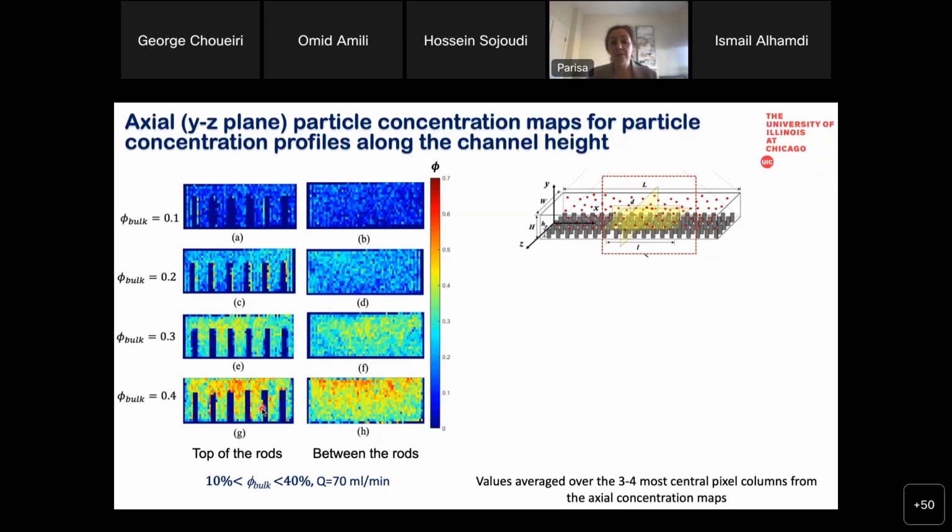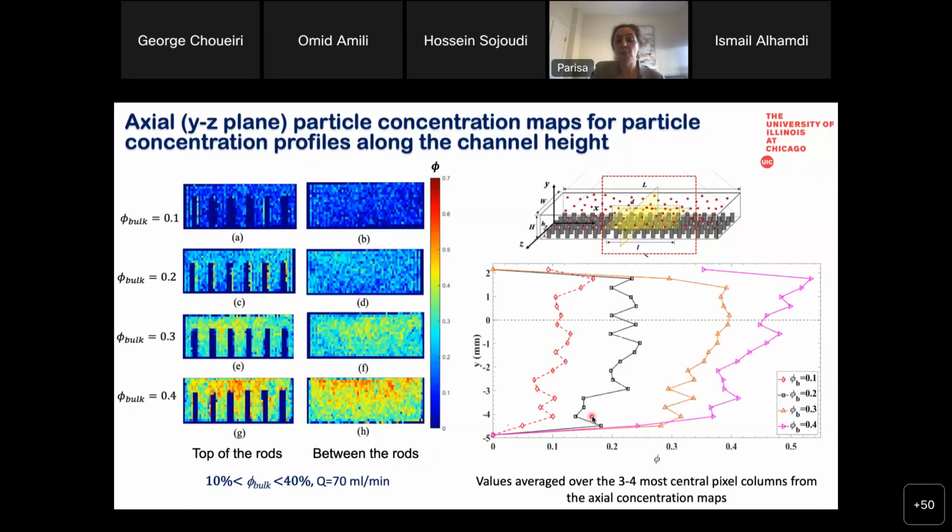But here, what is different is that we found there is a maximum in the free flow region for higher concentration, and then this particle migration will decrease inside the rods, while for 10% we have uniform concentration. So this means that by adding more particles, the maximum definitely occurs inside the free flow region, and it would be much less inside the rods.